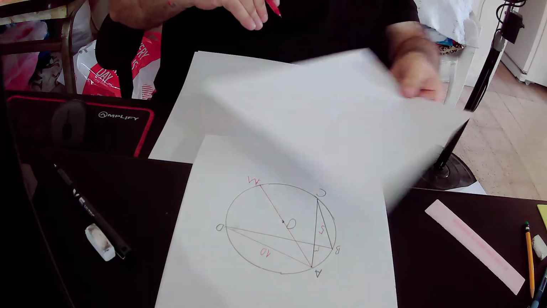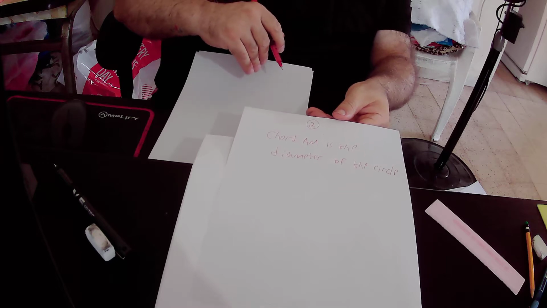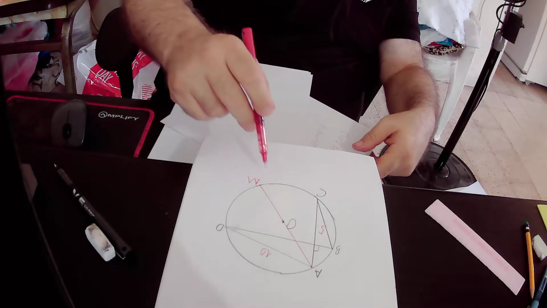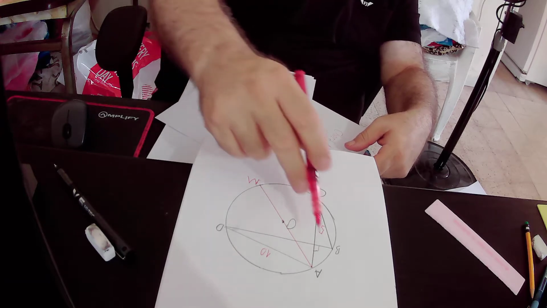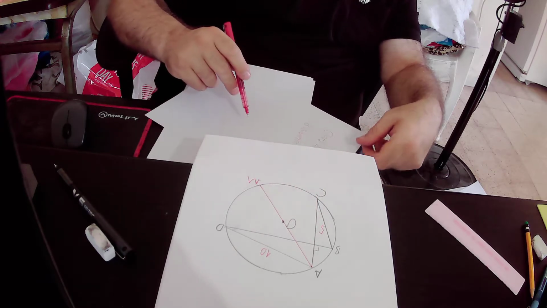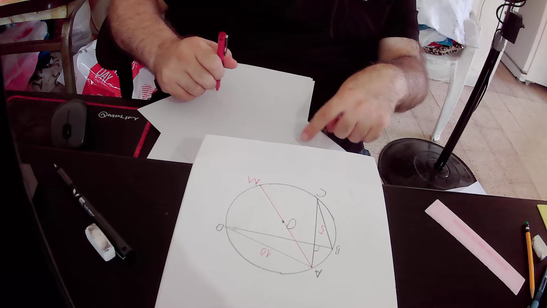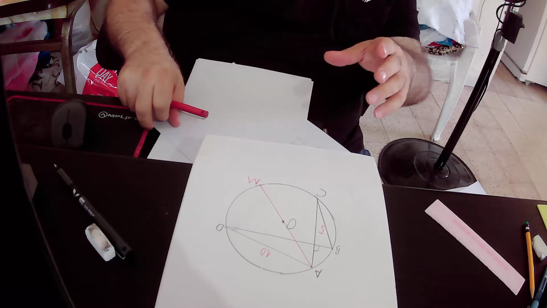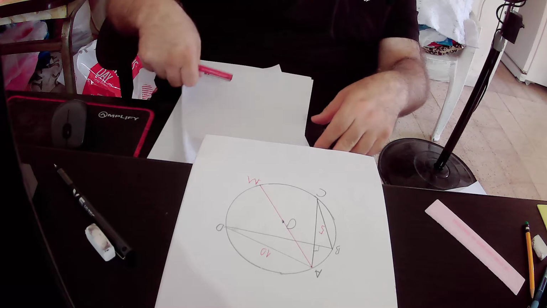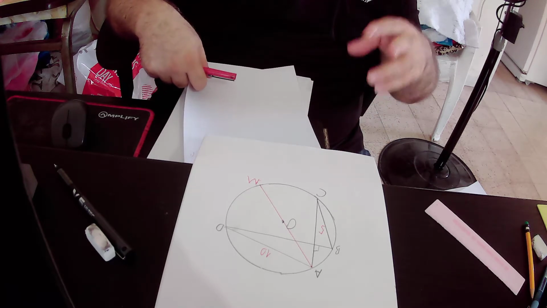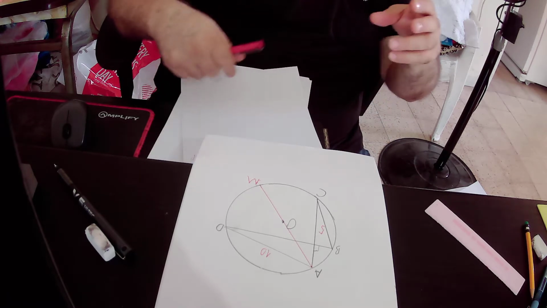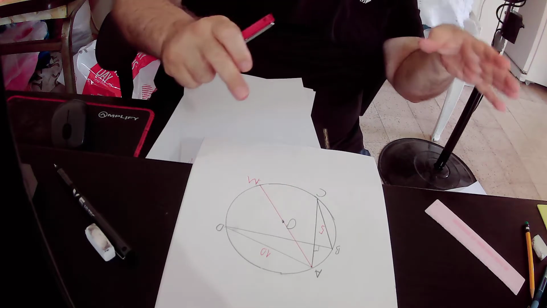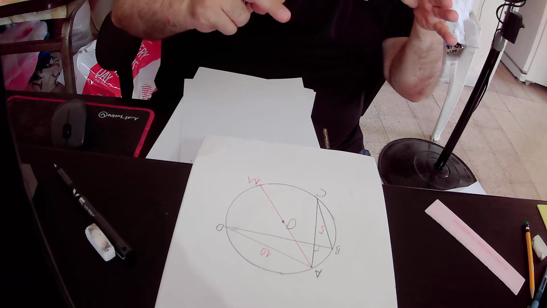Okay, chord AM is the diameter of the circle. The red chord AM is the diameter of this circle. And the reason that chord AM is the diameter of this circle is that chord AM passes through the center of the circle, so it is defined as the diameter of the circle.